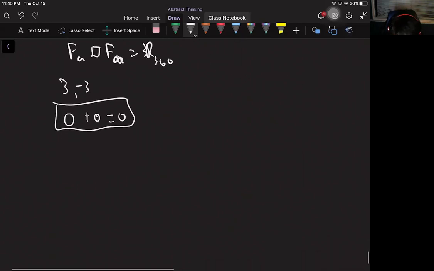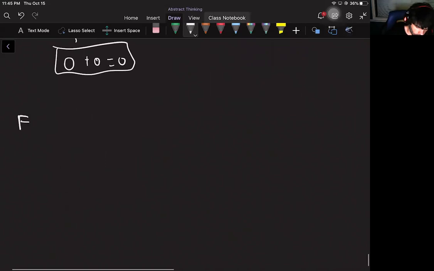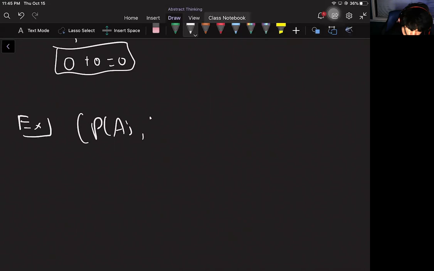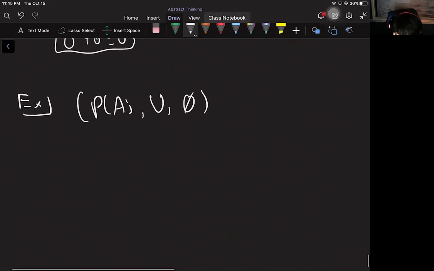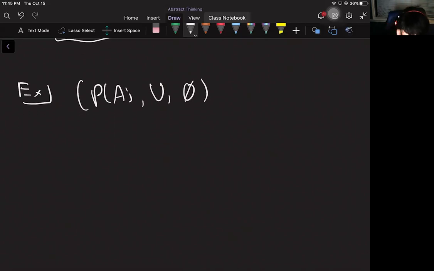And inverses don't even have to exist. For example, if I go back to the power set example, I look at a power set of A where I combine stuff together with union, and the empty set is the do nothing element.